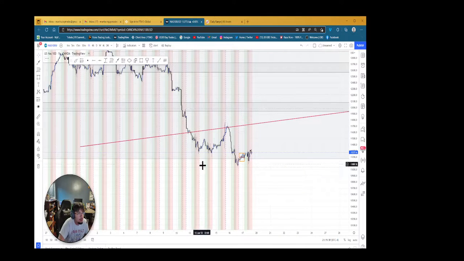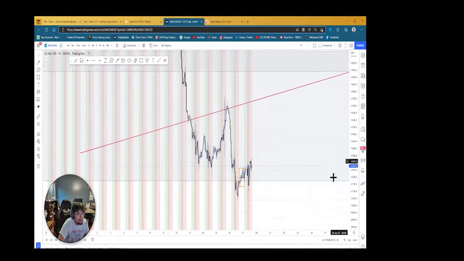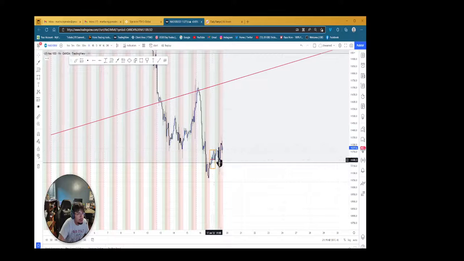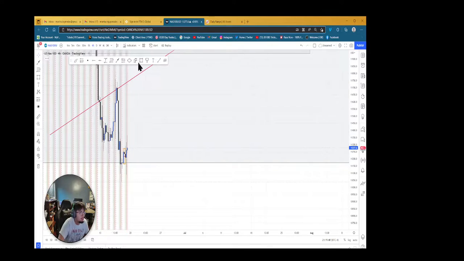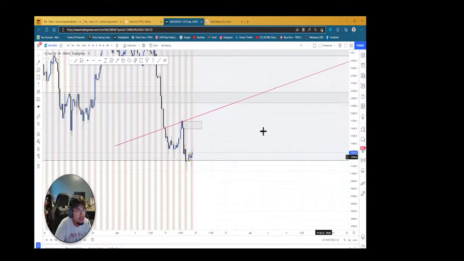So these are whole days, whole movements, and what we can do is then look for a retracement for an expansion upwards. And on a 4-hour time frame, I can see that there's a 4-hour order block right here. So we can see how price can react in this area.